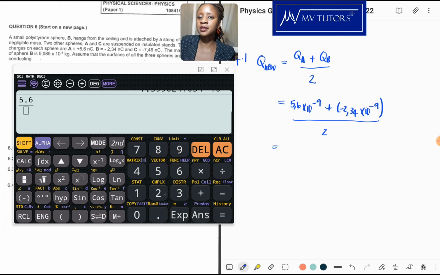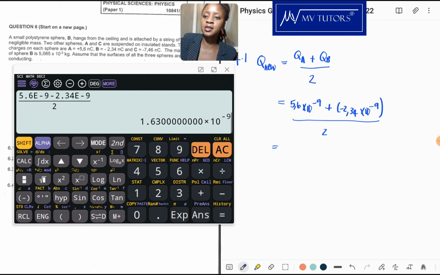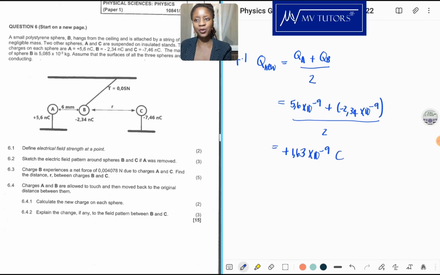So 5,6 times 10 to the negative 9 minus 2,34 times 10 to the negative 9 all over 2. So I get positive 1,63 times 10 to the negative 9. Why am I writing 3? Okay, and that is coulomb. We're not forgetting the unit. All right, so that is the charge on each sphere.